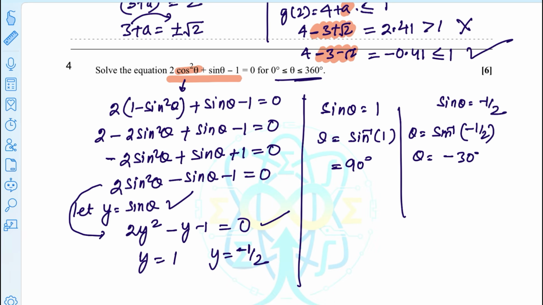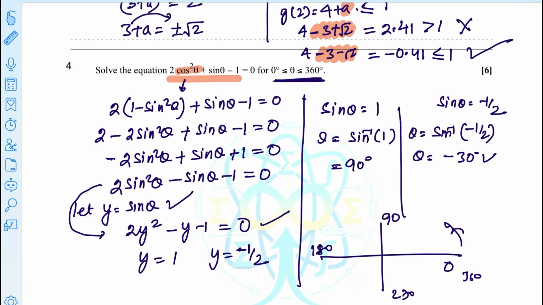But the domain is lying between 0 and 360. If I show you here on the CAST diagram, this is 0, this is 90, this is 180, this is 270, and this one is 360 if I'm going this way, right? But this minus 30 is lying in which quadrant? Fourth quadrant, this way. So this one is minus 30. Are you getting it? Now sine is negative in which quadrant? In the third quadrant.